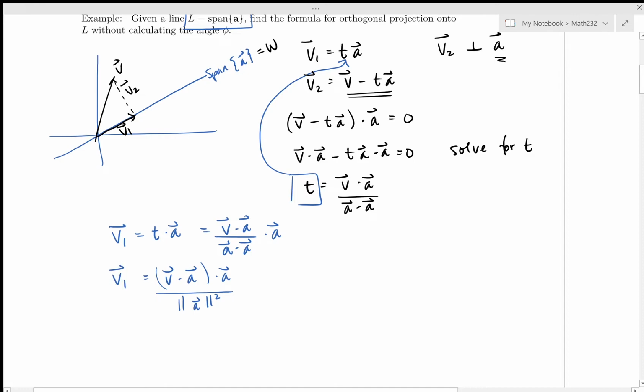So I can write that in a fancier way: the projection of V onto A is equal to V dot A divided by the norm of A squared, times A. This gives me a method of computing the projection of V onto the span of A without computing that angle phi.